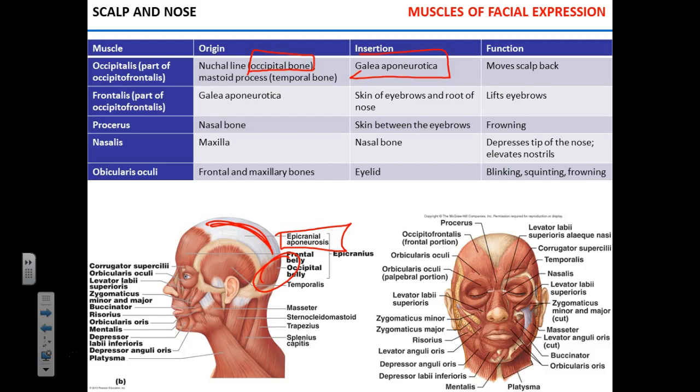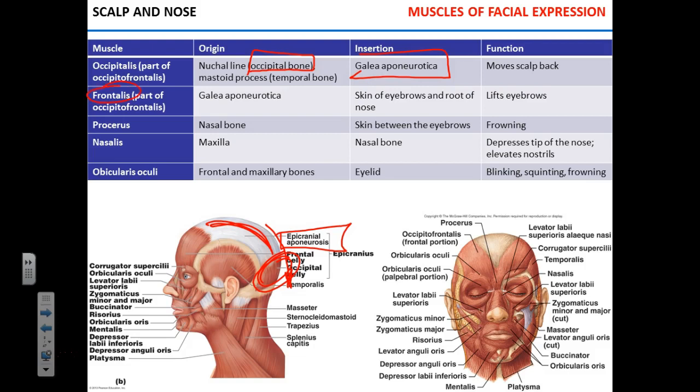And this is called the iliotibial band, but that's aponeurosis, yes. So all those bands and large sheets of tendons are aponeurosis. Does that make sense? So what is the movement that occipitalis produces? You shorten it and your scalp moves back. Does that make sense?